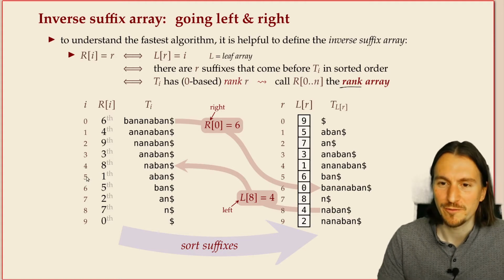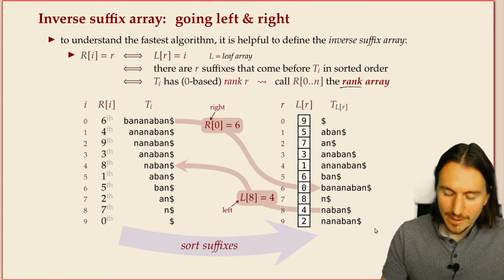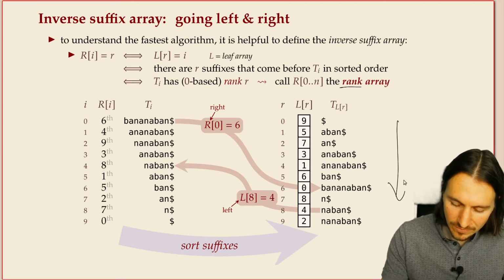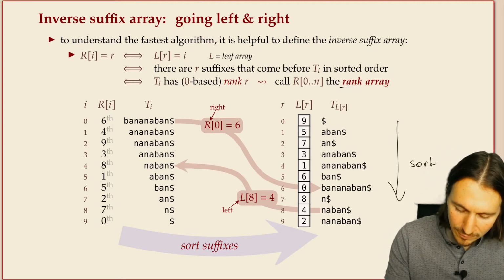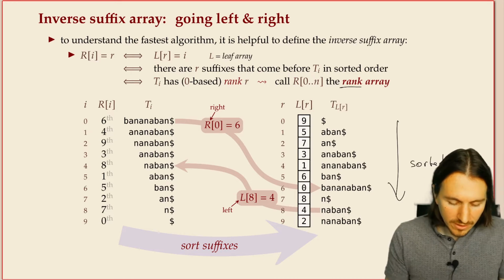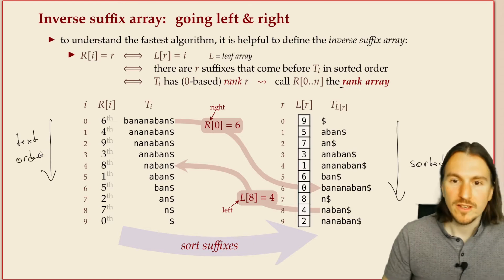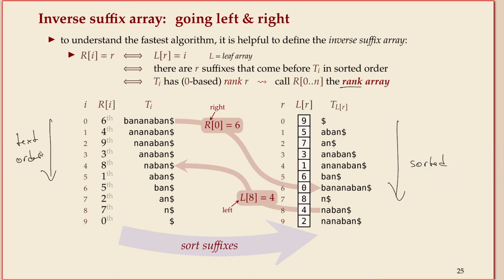and in this case it's the suffix starting at position 5. On the right, I have the same suffixes, but now sorted lexicographically, whereas here things are in text order, how they appear in the text. And having the suffixes in sorted order means that the rank goes from 0 up to 9 in just counting up.